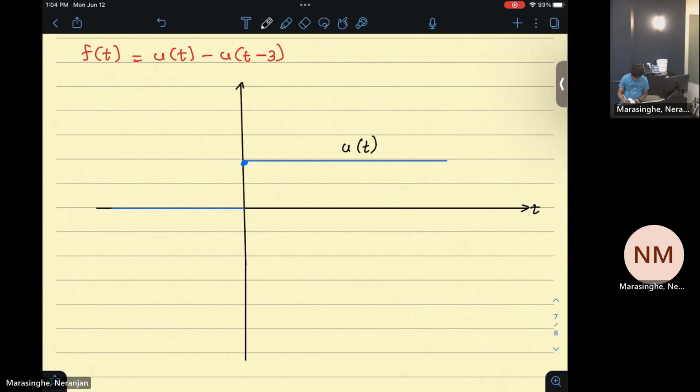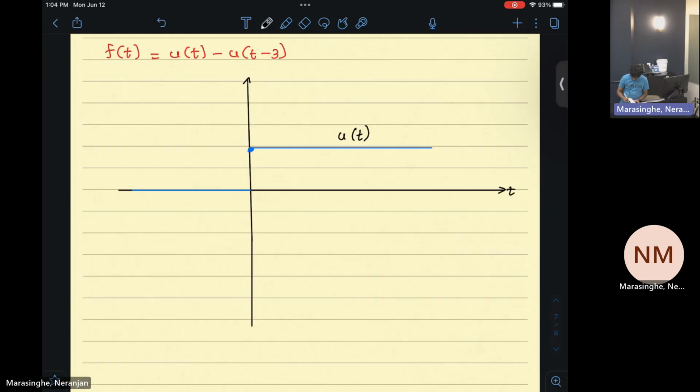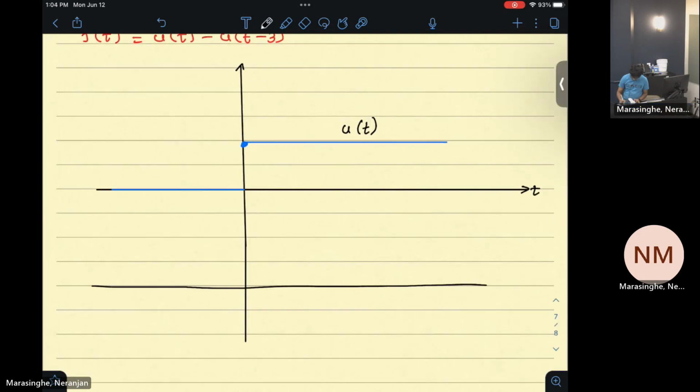This is u(t). How do you sketch u(t minus 3)? You're taking the jump at 3.